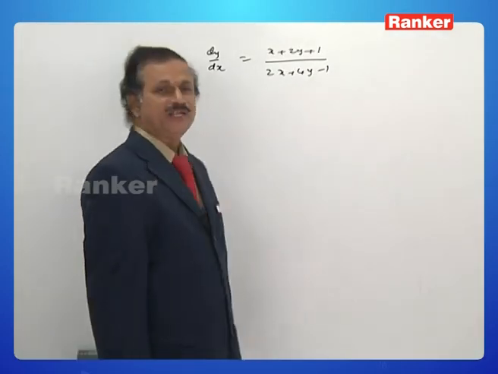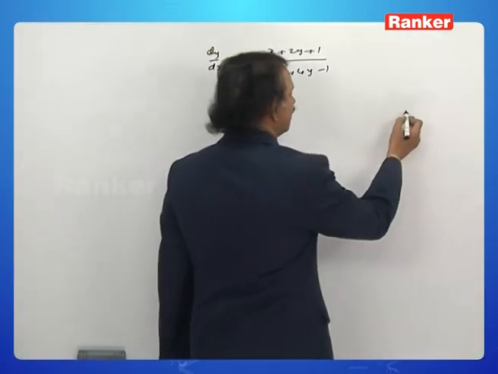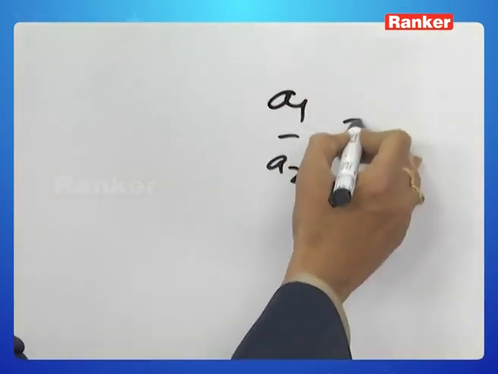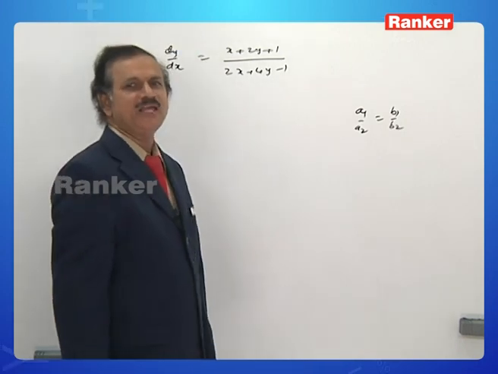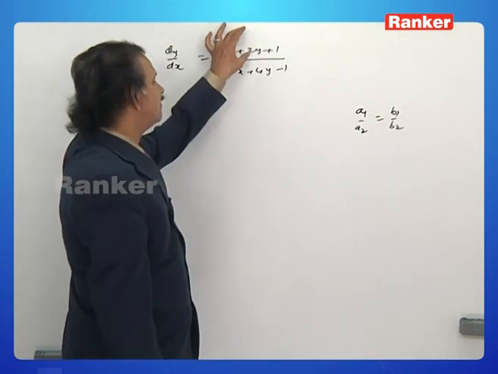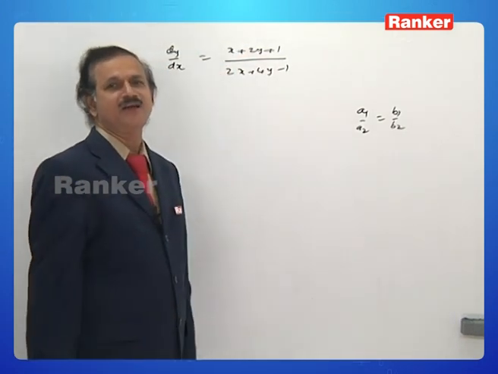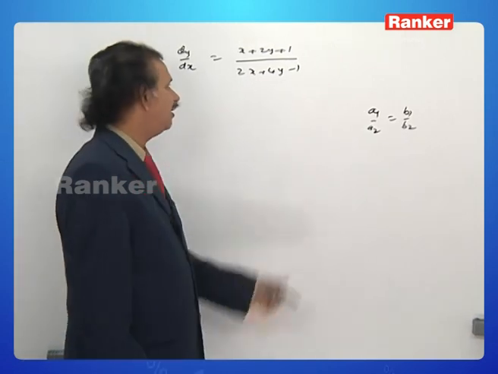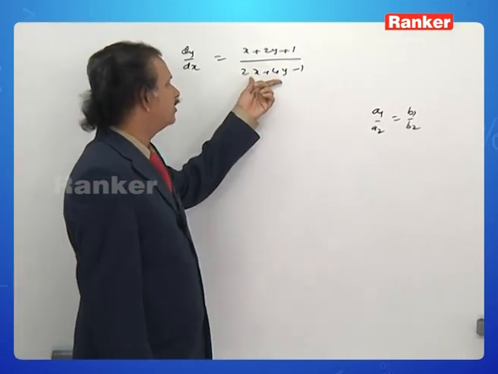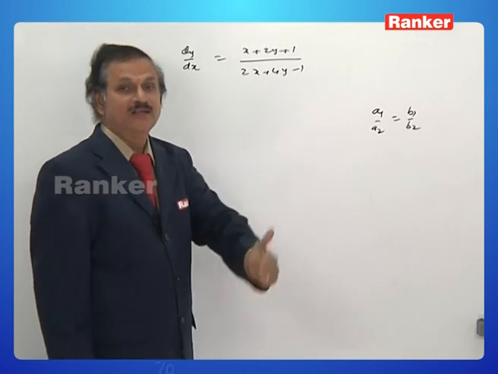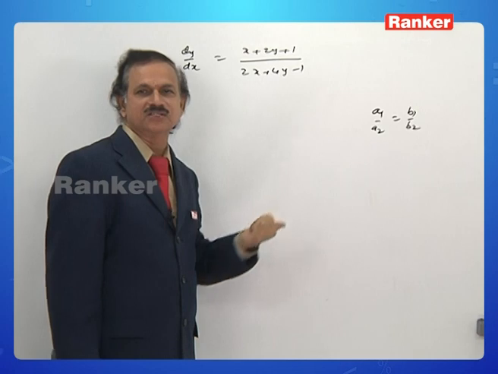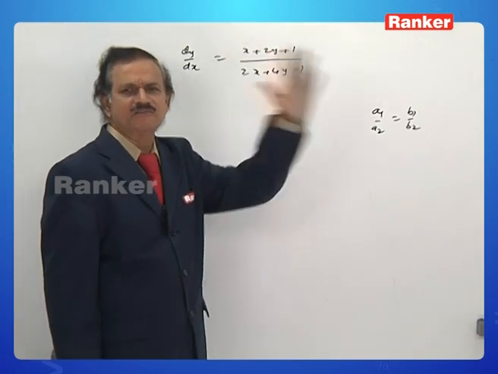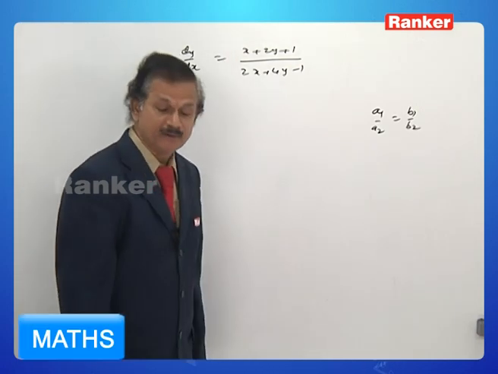You see, a1 by a2 is equal to b1 by b2. The equality is just nothing but you will be in a position to have a common factor in both numerator and denominator. That's all. You can have this as 2 into (x plus 2y), isn't it? That makes it stronger, of course, about the procedure. It can directly be converted into variable separable model.